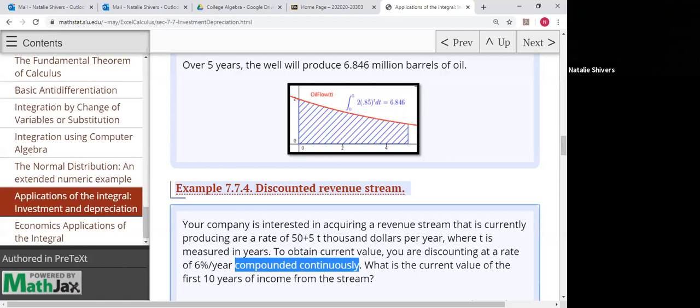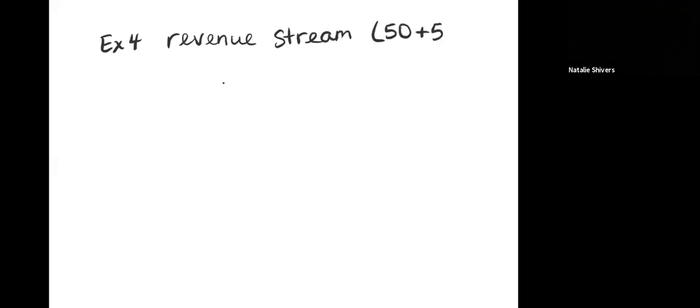Okay, so we're going to break this down on our whiteboard. Okay, so example 4 says, hey, we have this revenue stream that's 50 plus 5t.